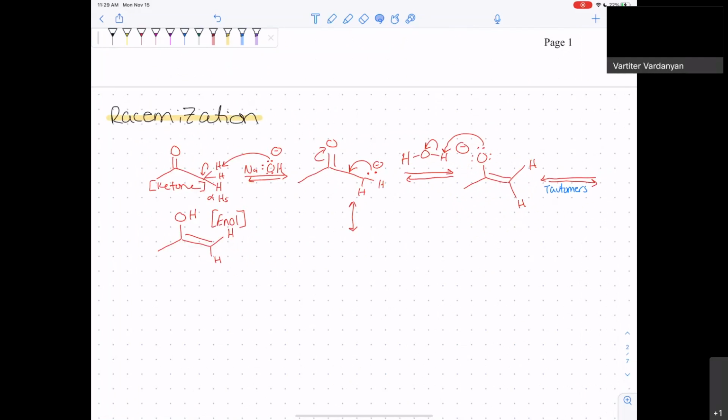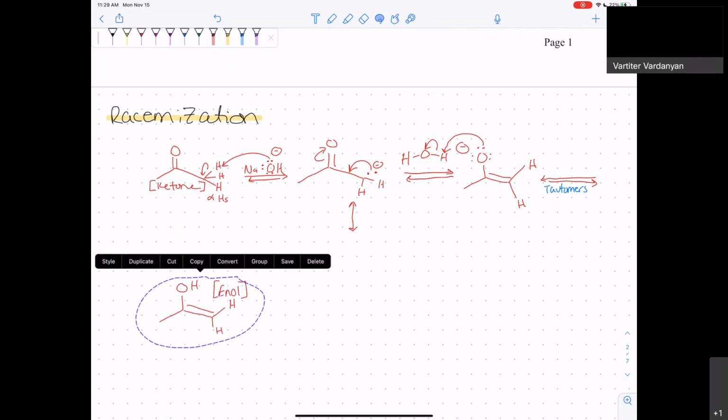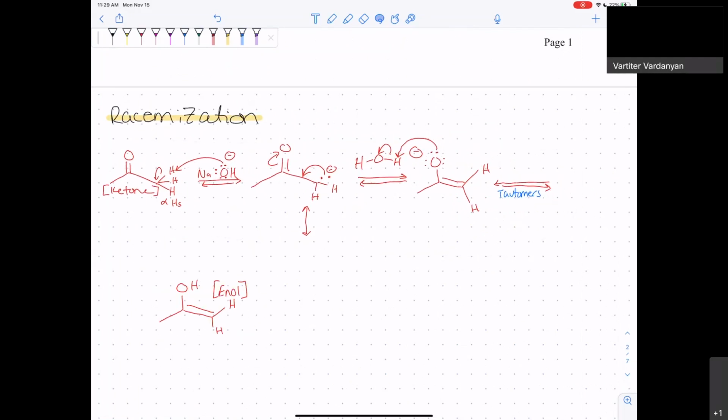Sorry if this is super ugly, but I don't want to redraw everything. This is the exact same reaction we just had drawn. All I did was move it around a little bit.